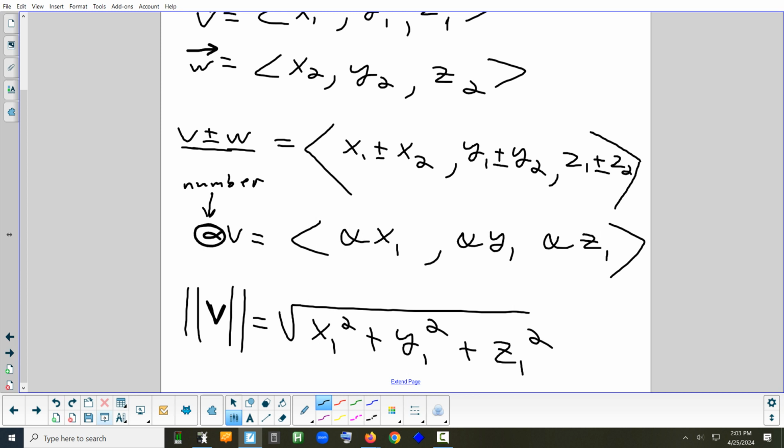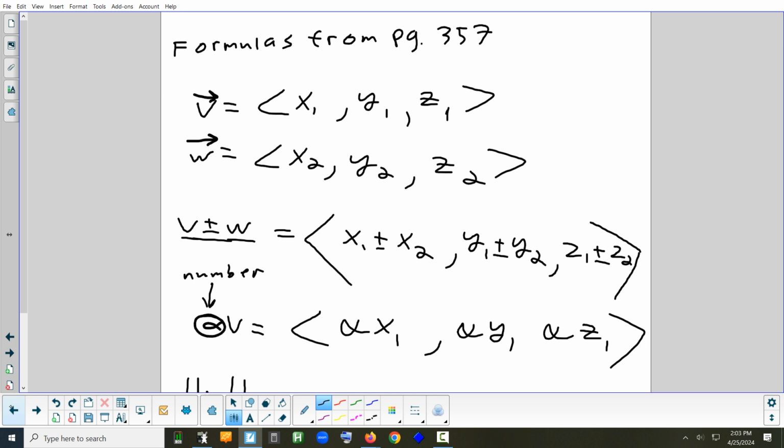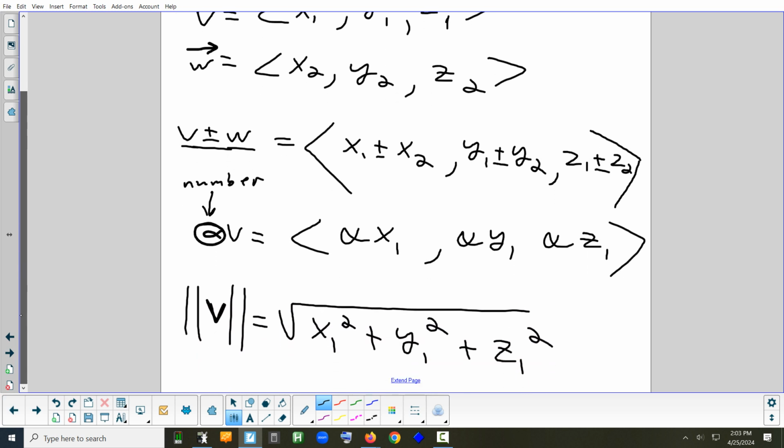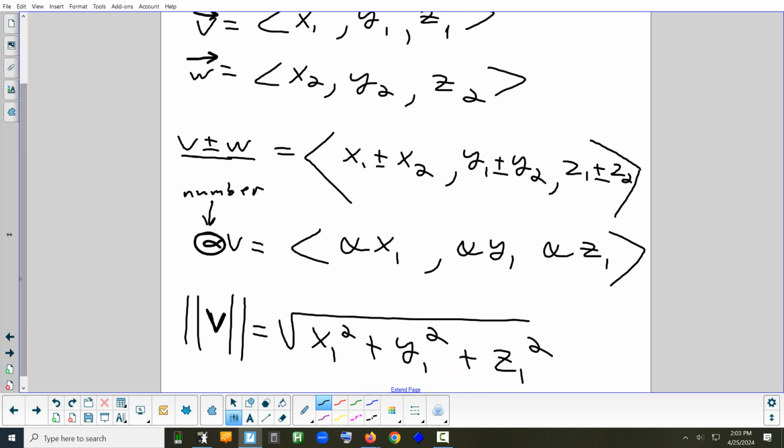Z component squared. Yeah, the z component. And in this case, we're not using the x2, the y2, and the z2 because you're not finding the magnitude of w. You're finding the magnitude of v in this formula. If we were doing w, then you would have used x2, y2, and z2. All right, so any questions on those really four formulas? Let's try a couple and see what we can do.